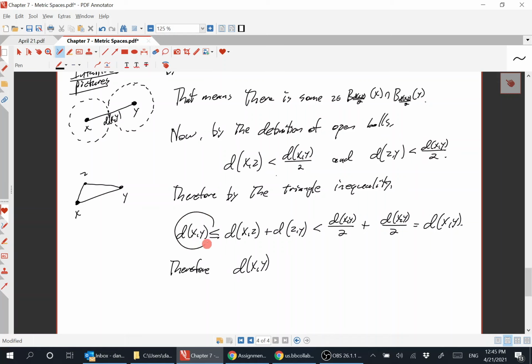So I have that the first thing is strictly less than the last thing. Well, no, I concluded that the distance from x to y is strictly less than the distance from x to y. That is a contradiction. So that's it.